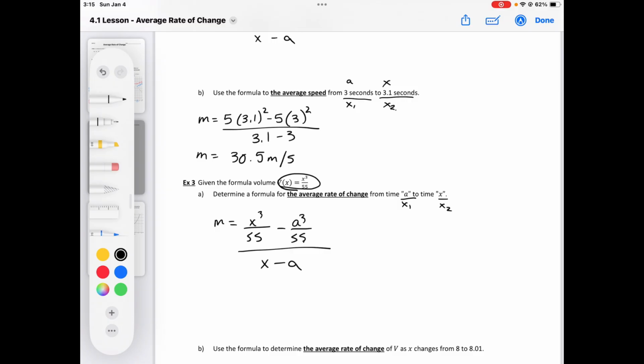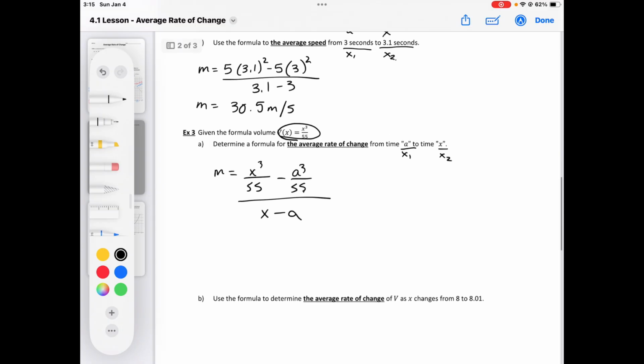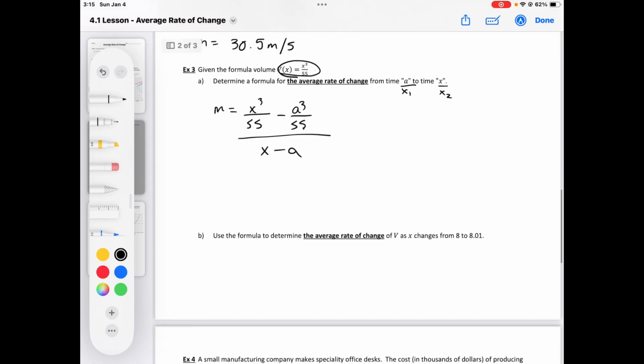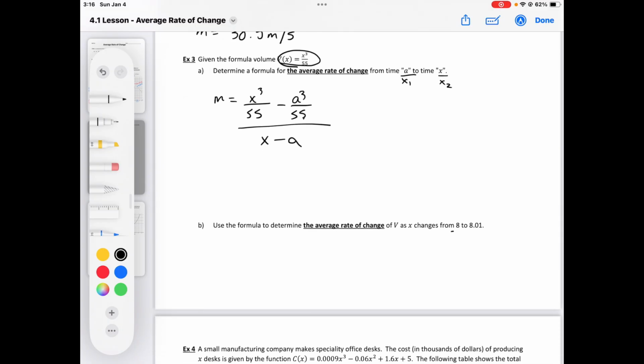And then we can use our formula to substitute in to find our changes from 8 to 8.01, which is from A to X. So now we can substitute in, so X cubed would be 8.01 cubed over 55 minus 8 cubed over 55, all over 8.01 minus 8.